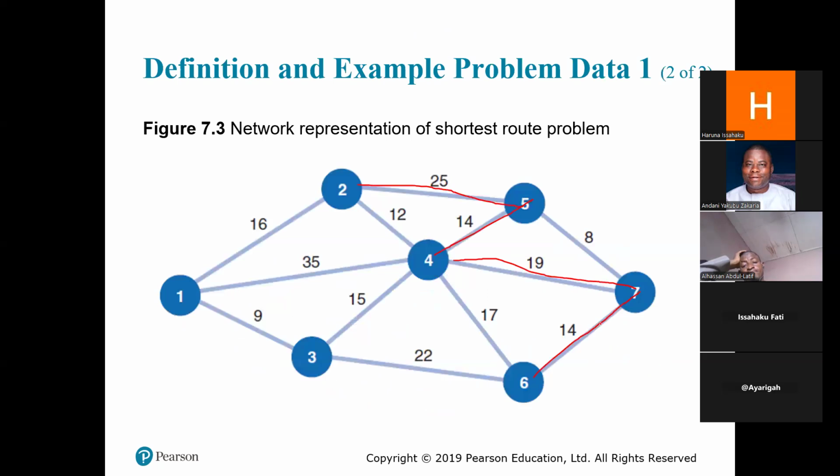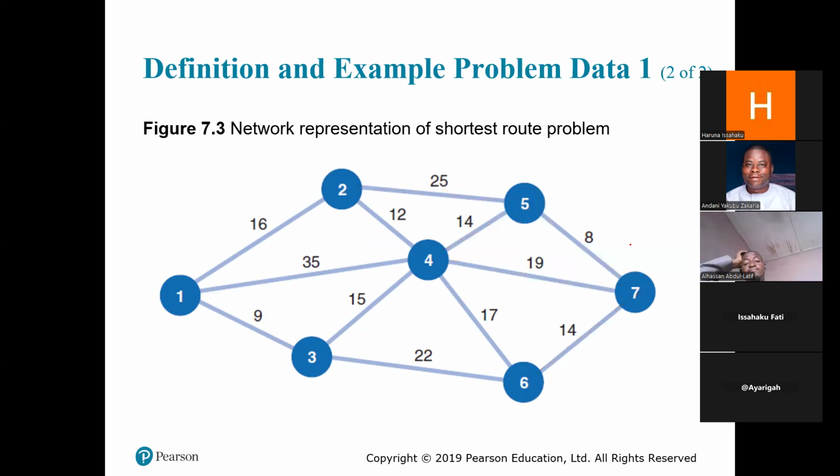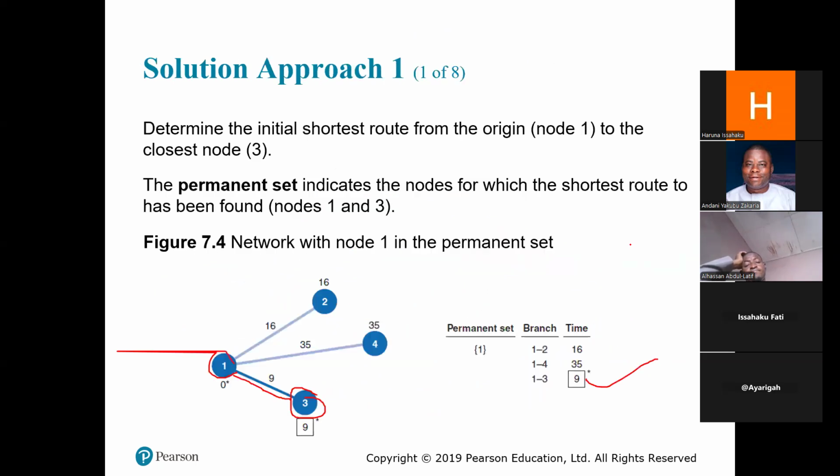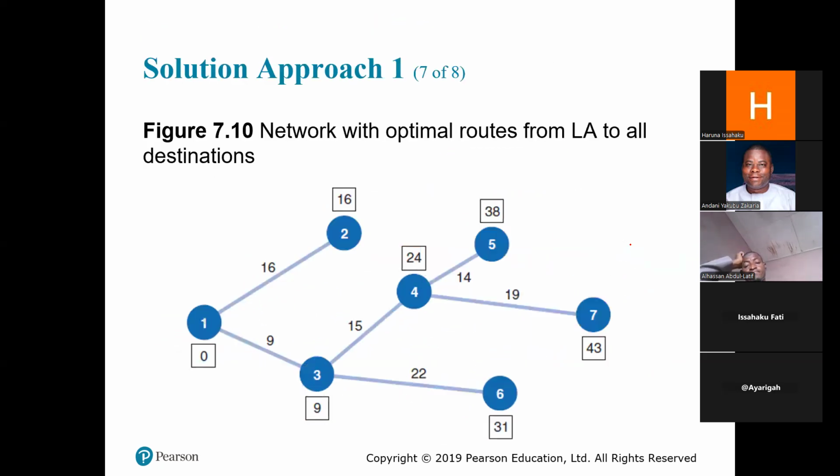This is the original diagram with so many connections. But with the analysis, we have been able to delete some of the network branches because they are giving us longer time travel. So through the network analysis, we have managed to reduce it to this more tractable diagram.